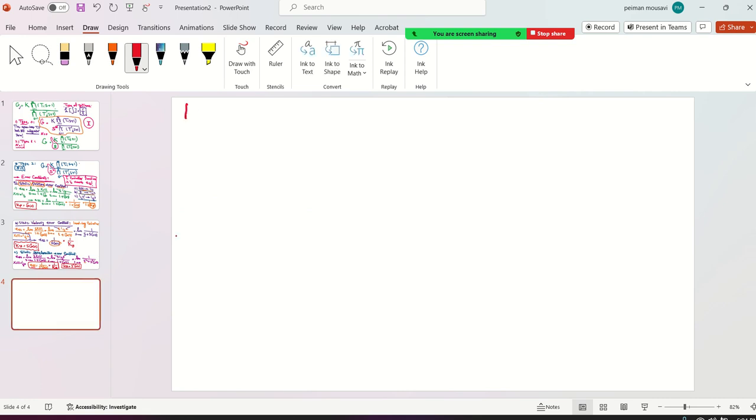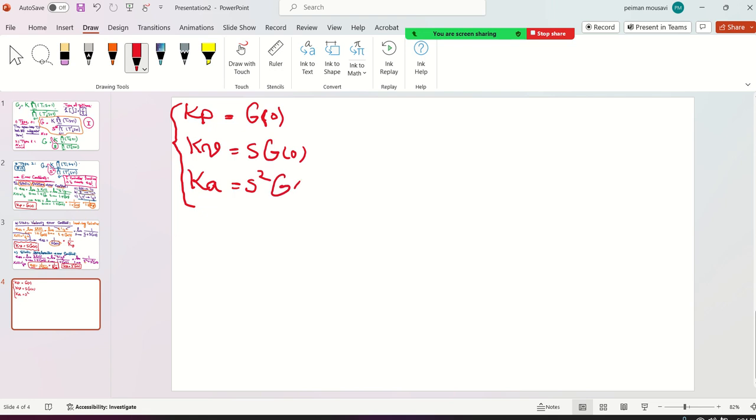Simply speaking, I'm just summarizing: Kp is the open loop transfer function G at S equals 0, Kv is S G of S, and Ka is S squared G of S. Now you only have to know these, not the process I derived.